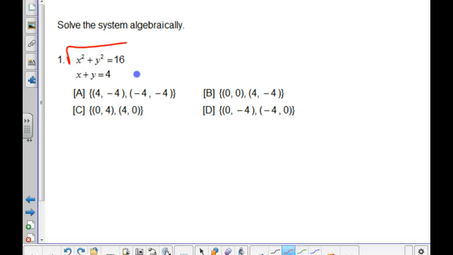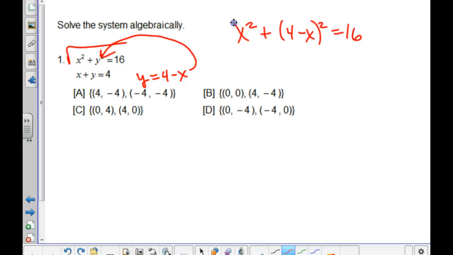You could rewrite this bottom one as 4 minus x maybe and plug it in up here. If it were on a test, it would be a much better question to simply plug the choices in.